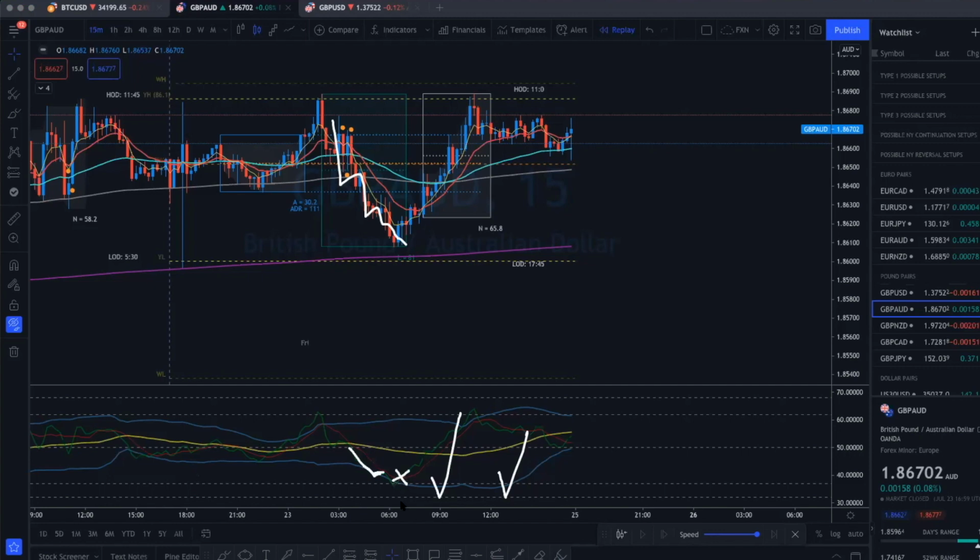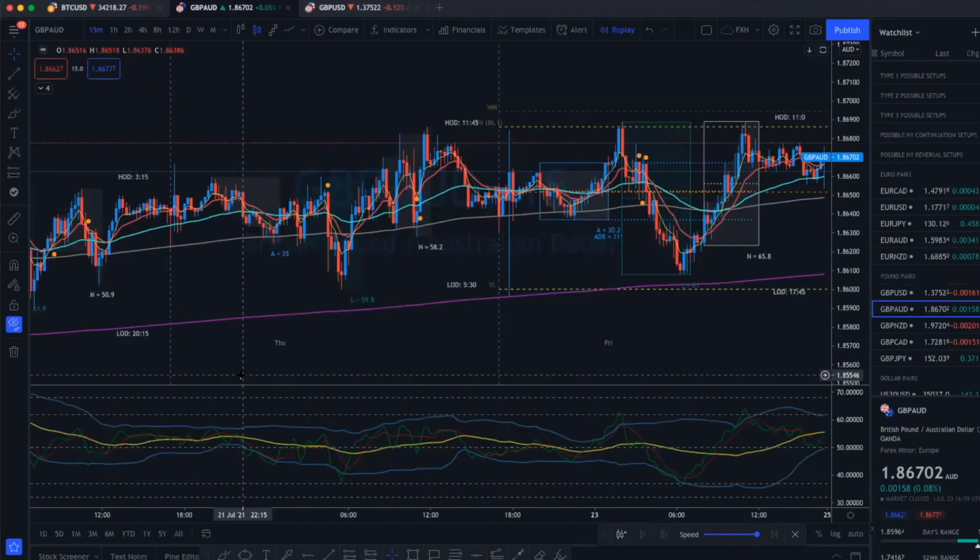Think of the crossover of the green and red as the same thing as a 5 and 13 crossover on the actual chart. There are definitely strategies that you can build around the TDI. I try to keep trading as simple as possible, because trading is already complicated as it is.